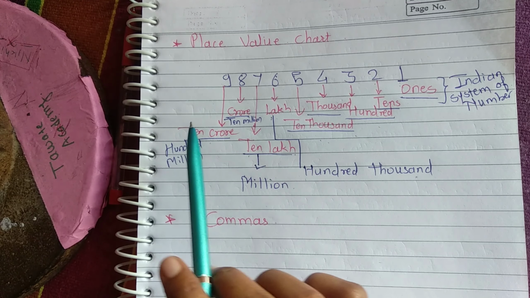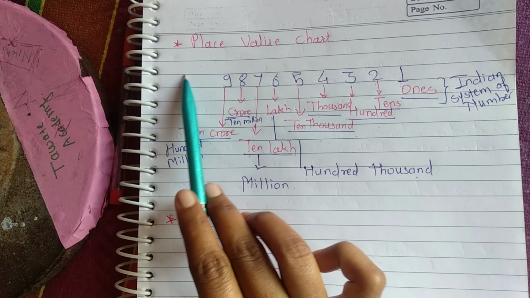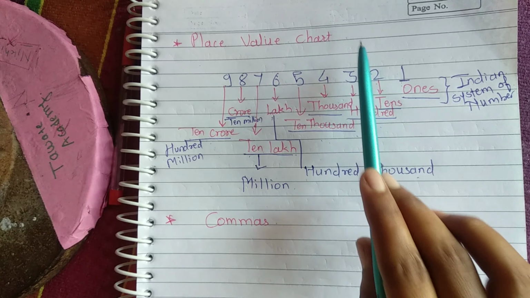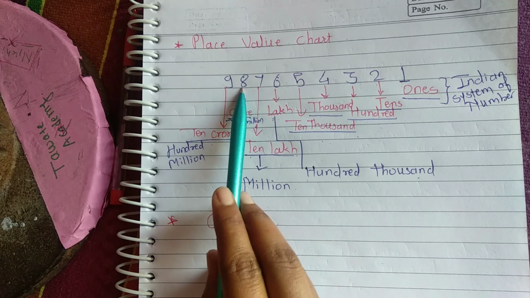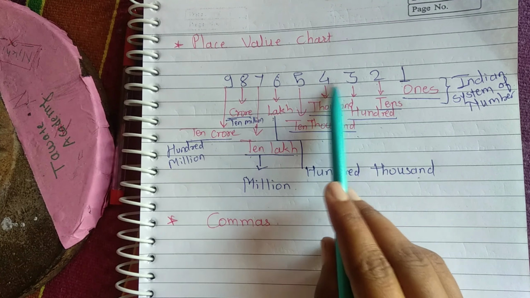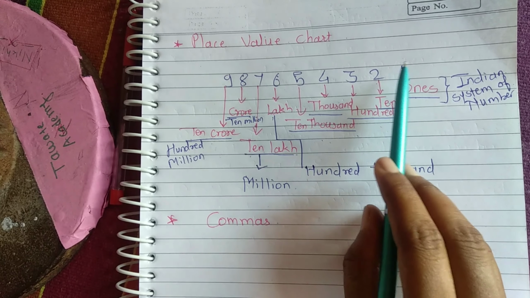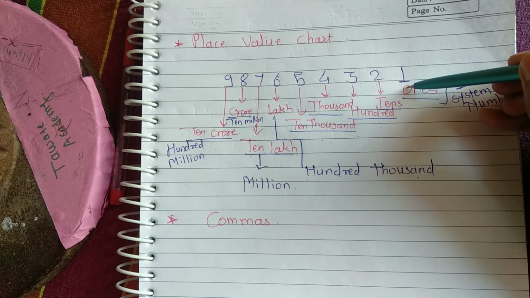Now we come to the next point, place value chart. We learn place value from first standard till now. Take one example, 98765432. Always read from the right-hand side. RHS digit is 1.